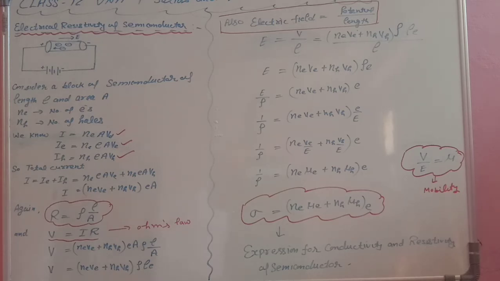Like they can ask you, where does the donor energy level in a semiconductor lie? So you can tell that it lies just below the conduction band. Where does the acceptor energy level lie? The acceptor energy level lies just above the valence band. Which type of semiconductor will you get when a pure semiconductor is added with an impurity like gallium?